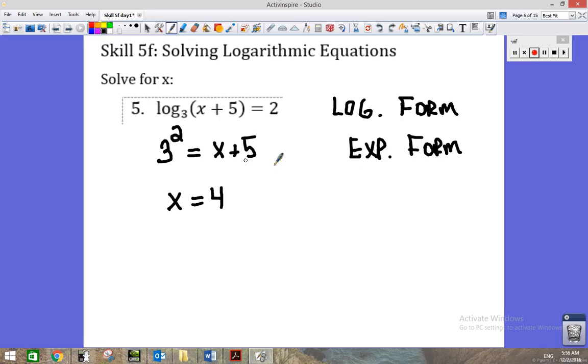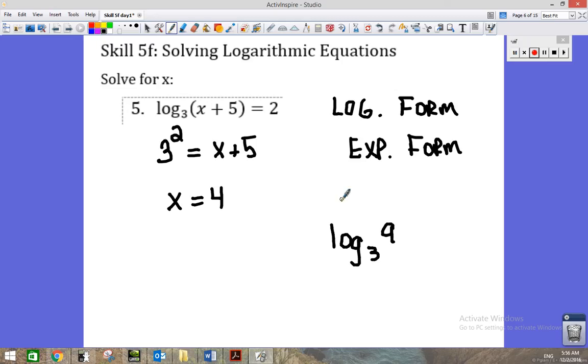Sometimes before, with a base of 3 and this number 2, I really can't come up with integer values that I can think of to quickly rewrite this. Well, yeah, I guess I can. Log base 3 of 9, because 3 squared is 9, and then x plus 5 is equal to 9.